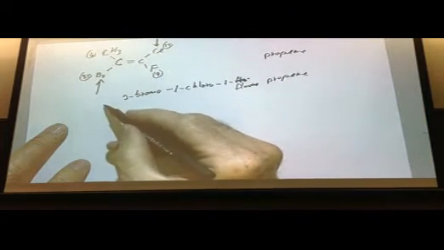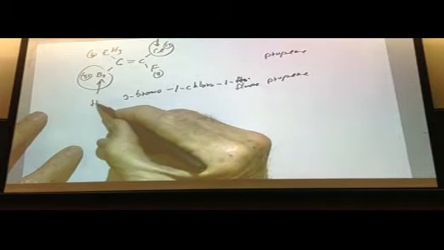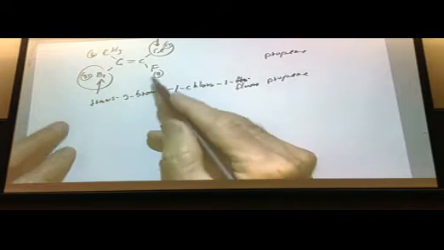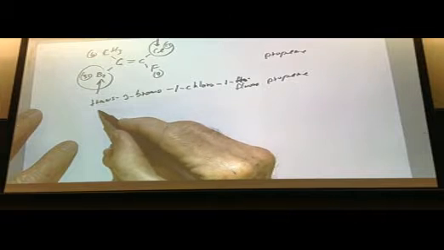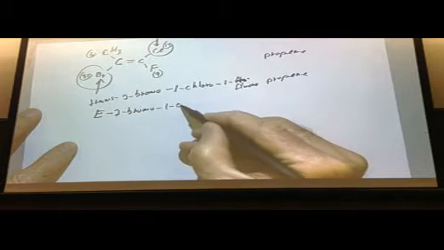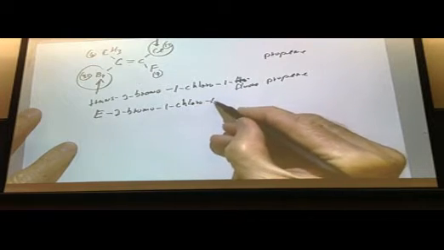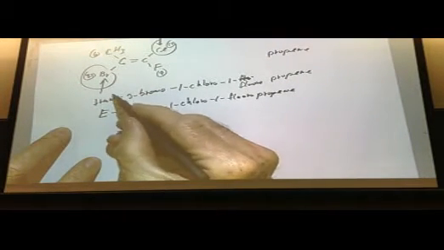Now, so this would be called, the big groups are on opposite sides. So chemists will be lazy and call this trans, but strictly speaking, they don't like to use that notation. So they'll call this E, 2 bromo, 1 chloro, 1 fluoro propene, but chemists will call it trans.